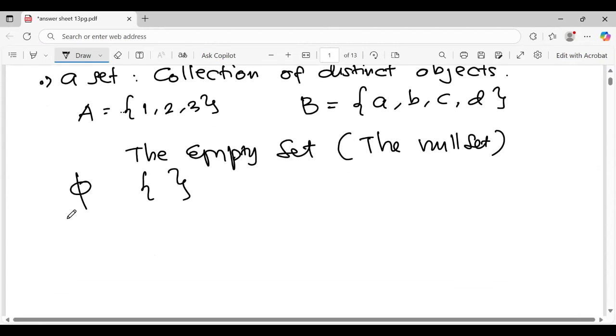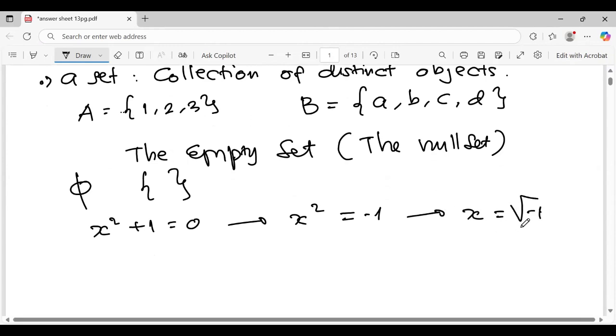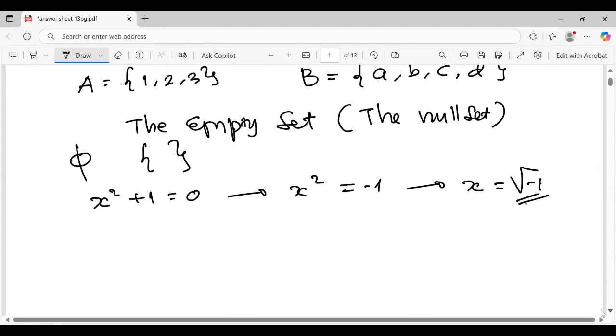Okay. For example, if a set has members satisfying x squared plus 1 equals 0, if you find x squared equals minus 1, and x is the square root of minus 1, this is an imaginary number. So it means the set is an empty set or null set, without elements, without members.